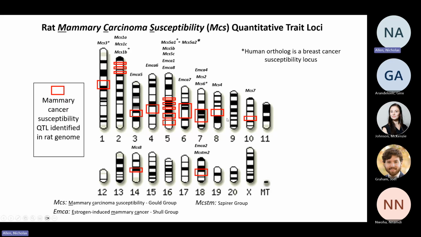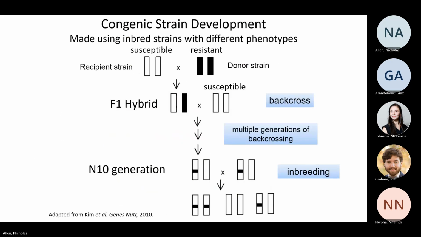So not quite as spattered as the lollipop diagram I showed you in the beginning for the human genome, and probably the main reason for that is because not as many rat genomes have been mapped for these traits. Okay, whereas hundreds of thousands of human genomes have been used to map that lollipop diagram I showed you.